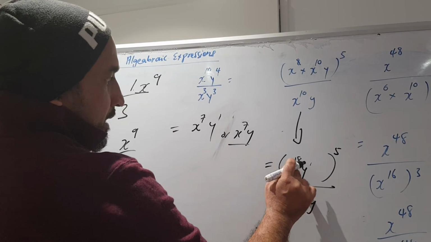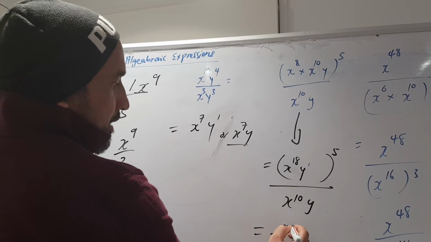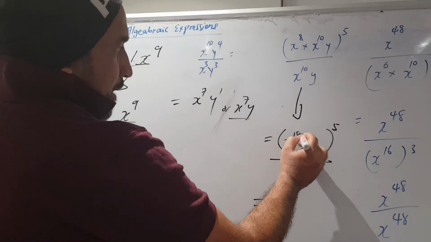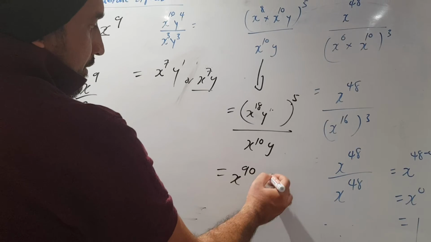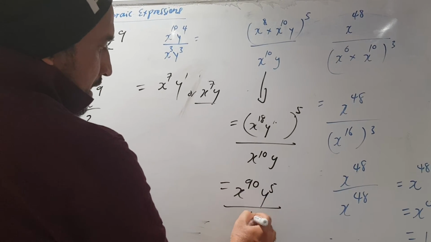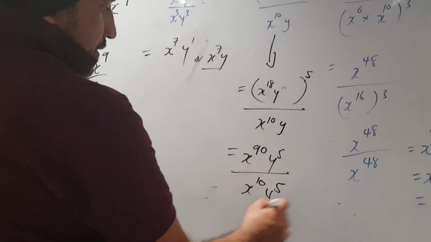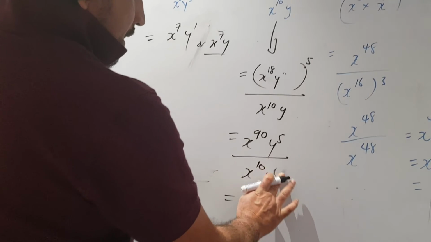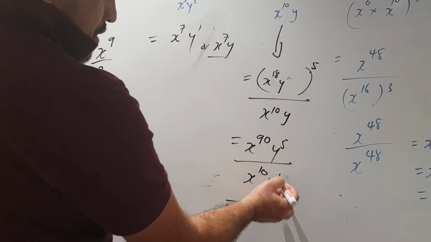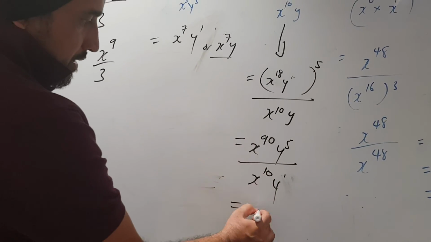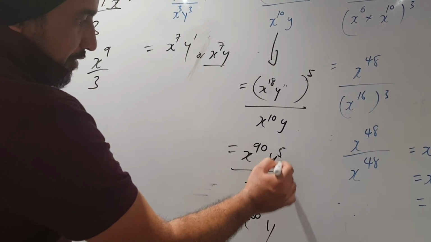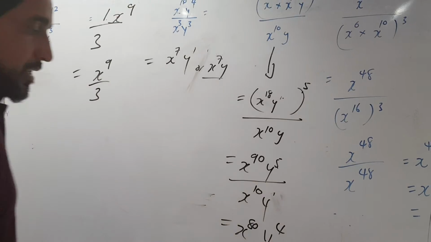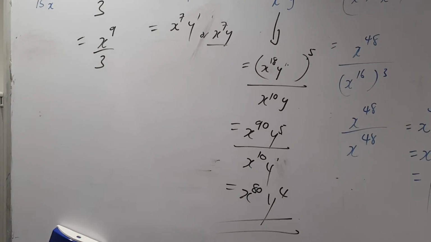So x^18 times 5 is 90. This time we multiply, okay? And y^1 times 5 is 5, over x^10 and y. So now, it's y, I said y, same as y to the power of 1. x^90 minus 10 is 80. And y^5 minus 1 is 4. So that's my final answer. x to the power of 80, y to the power of 4.